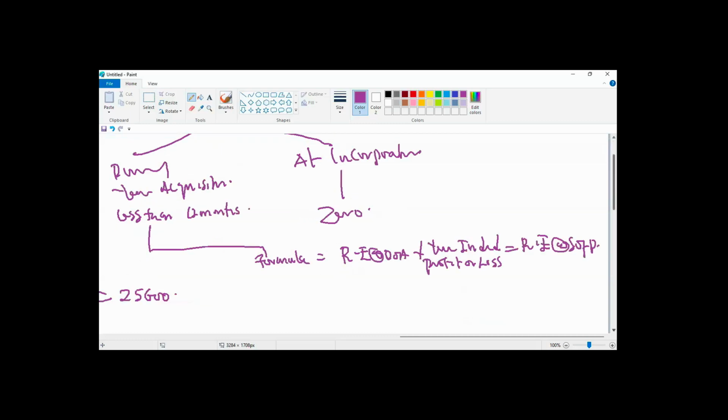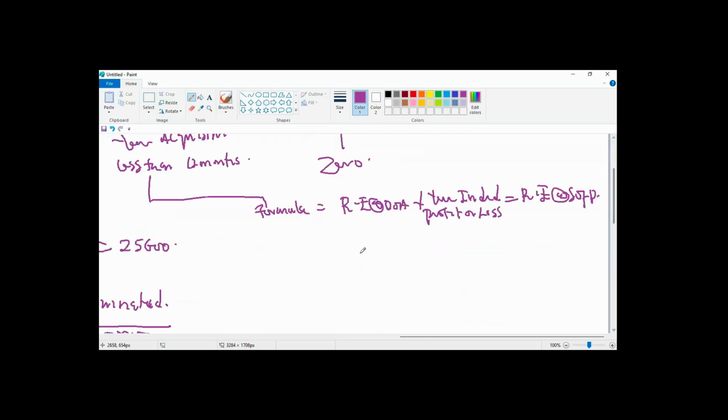What is the retained earnings at the date of acquisition? I don't know. It is what I'm looking for. What was the retained earnings at SOFP? 208,000.